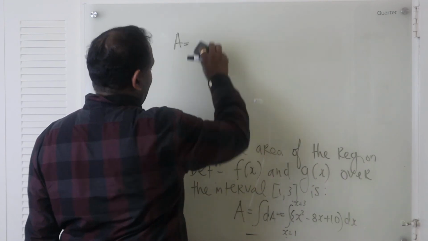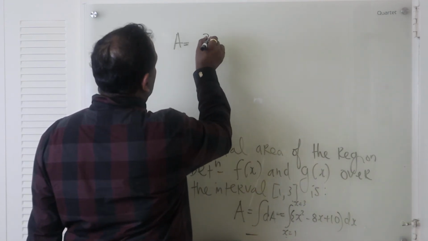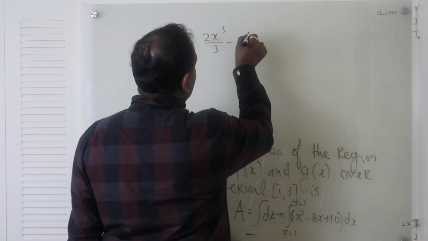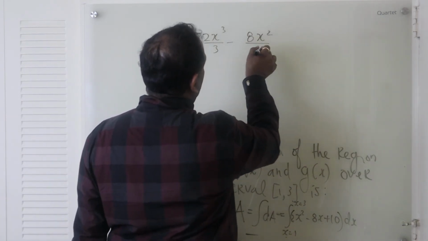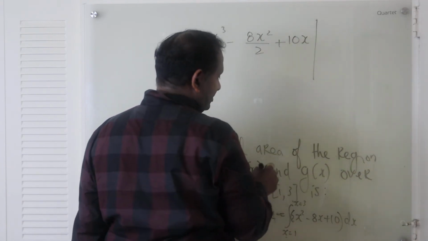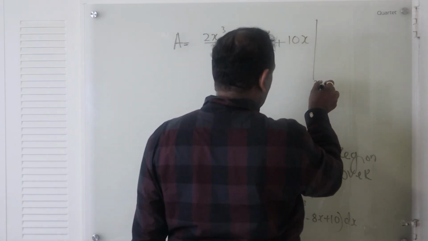So let's integrate. 2x to the third divided by 3 minus 8x squared over 2 plus 10x. And you have to put the upper bound and lower bound, x equals 3 and x equals 1.